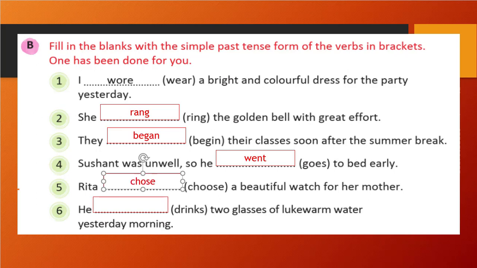So Rita chose a beautiful watch for her mother. And drink, past form is drank, right? So he drank two glasses of lukewarm water yesterday morning, right? See, it was a very easy exercise. We just need to write down the simple past form of the given verbs, right? That was the exercise. So let's see further.